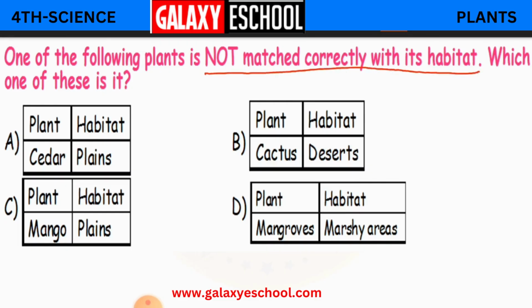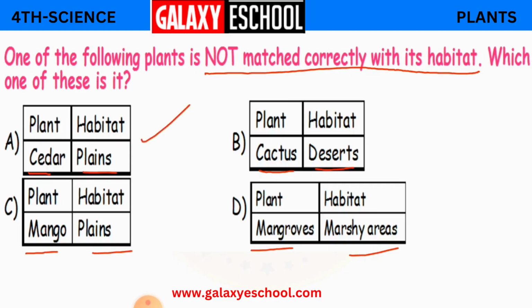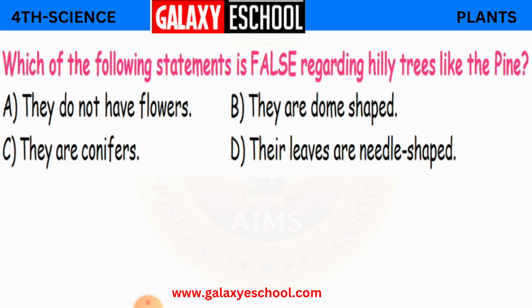Now let us see: cedar on plains, cactus habitat is deserts, mango is on plains, mangroves are in marshy areas. Which is not matched is option A, that is cedar on plains. Okay, children. Now the next question.